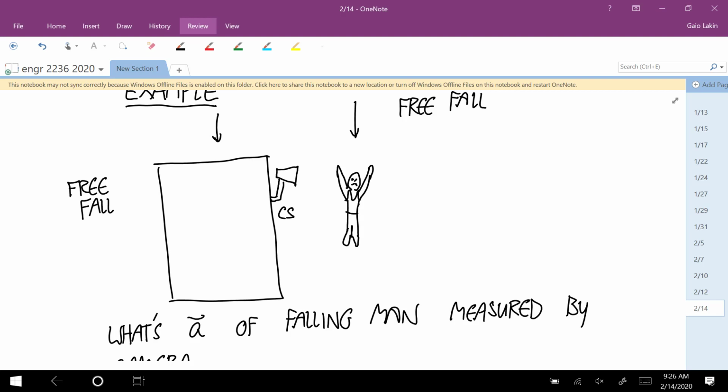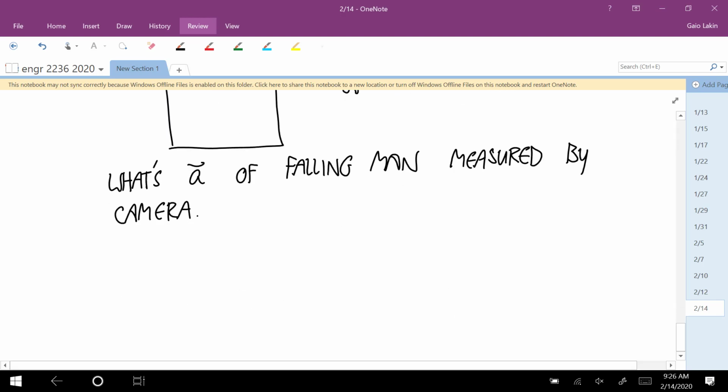There's no acceleration, no velocity. But it's even true if this guy is going 50 miles per hour and this is going 2 miles per hour. Since they have the same acceleration, that camera would see the guy falling at 48 miles per hour, but the acceleration would be 0. So the acceleration measured by the camera would be 0.